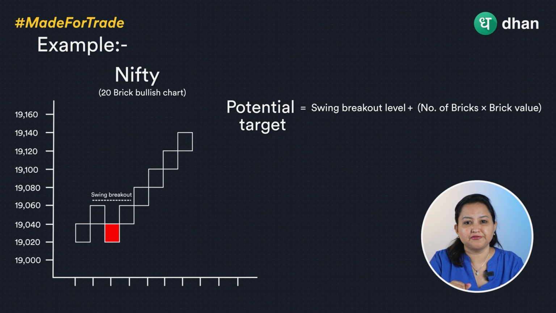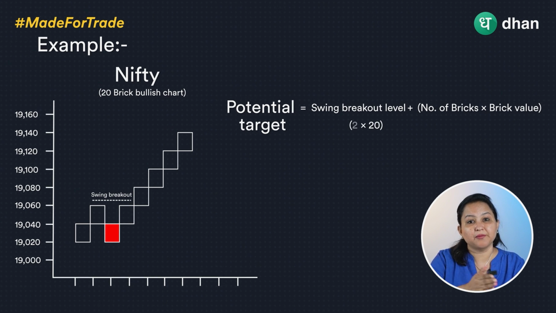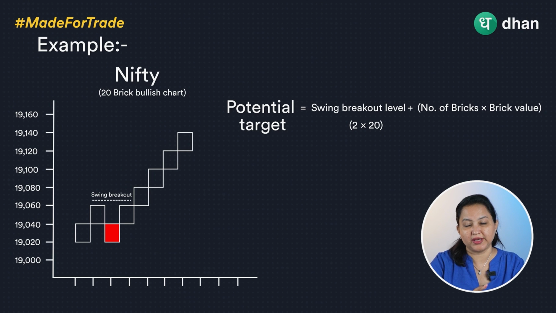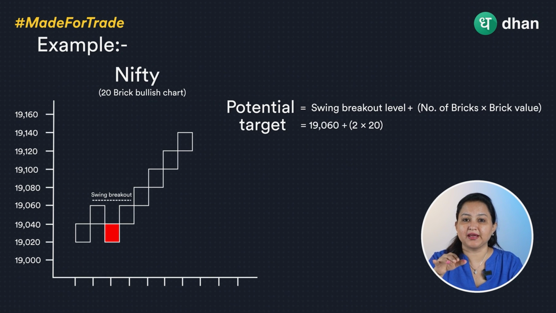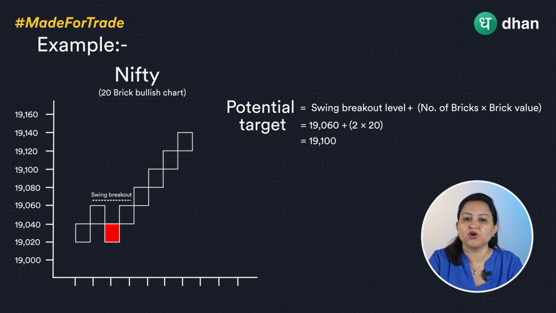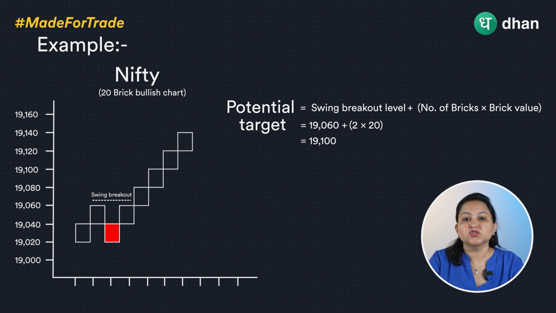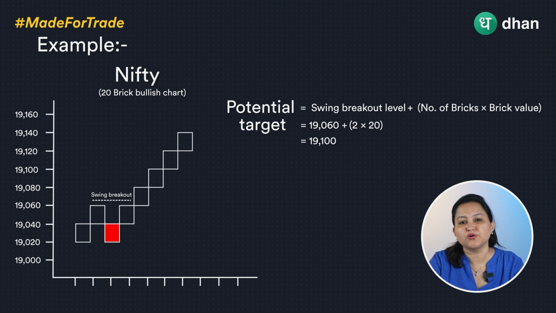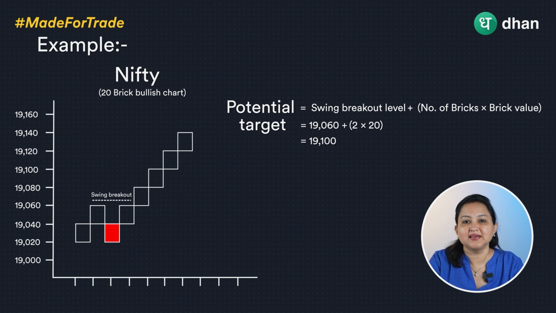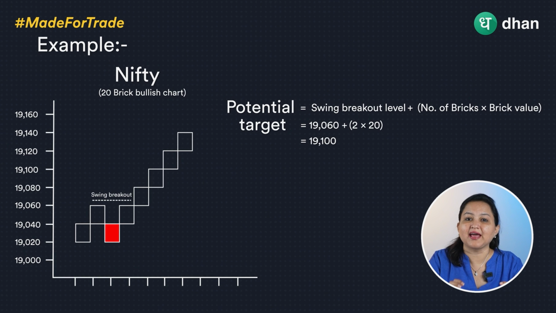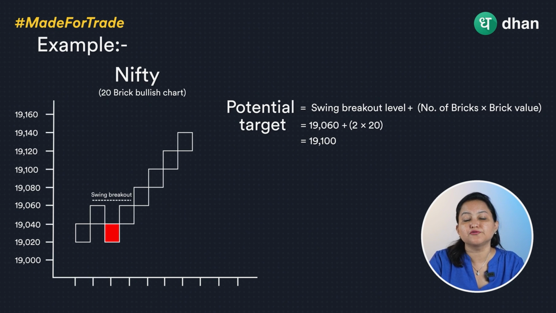In the case of Nifty, the box value is 20, multiplied by the number of bricks in the swing, and add it to the swing breakout, and you get your extension, or your target for a particular setup. This is how you find the target. The formula is right in front of you on the screen, showing how to calculate the target and which formula to use to find the bullish swing breakout targets.